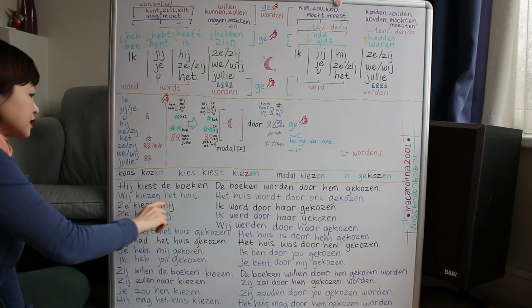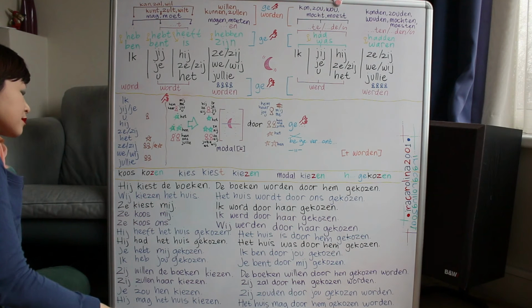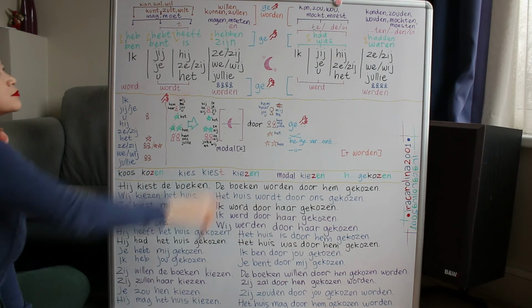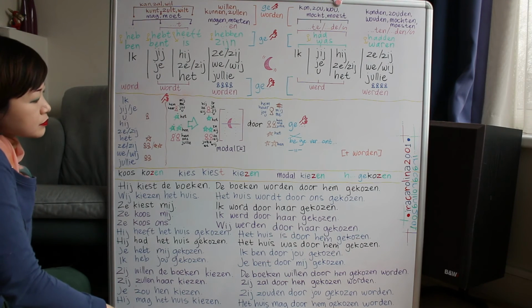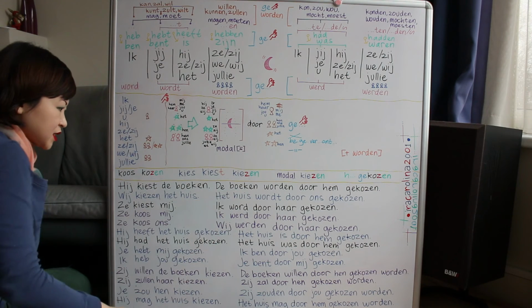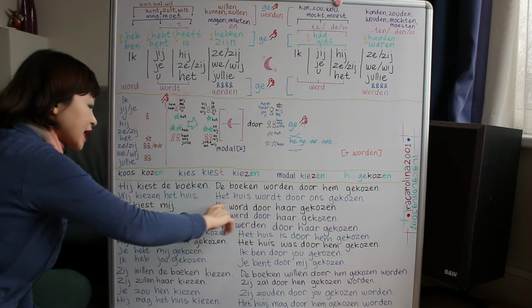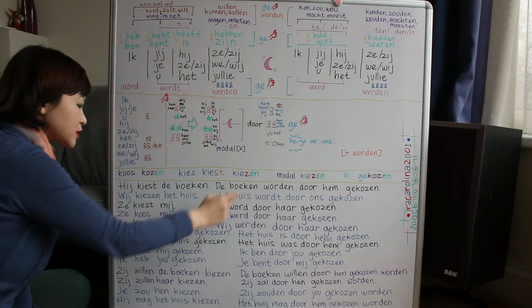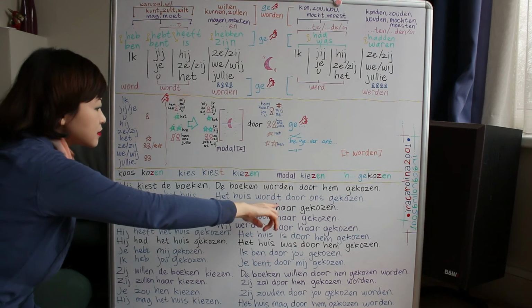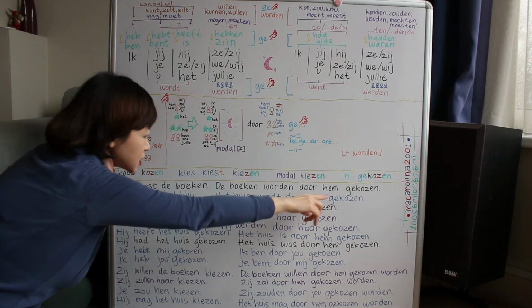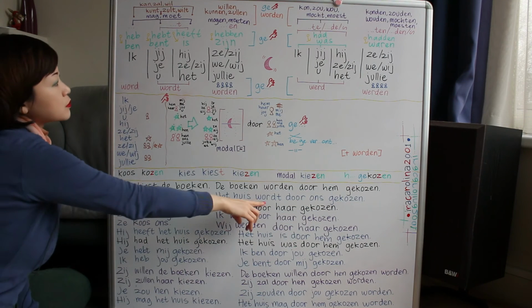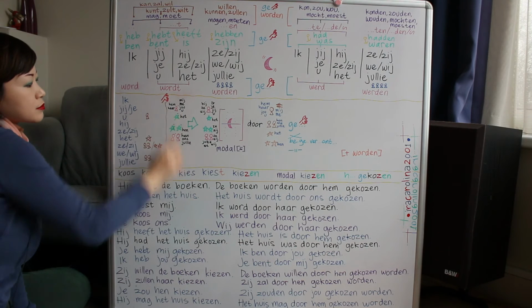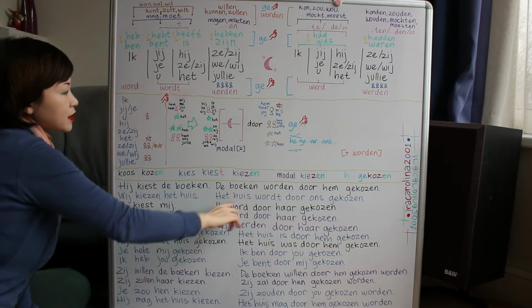Wij kiezen het huis. Passive one, it becomes het huis wordt door ons gekozen. Because het huis is het.